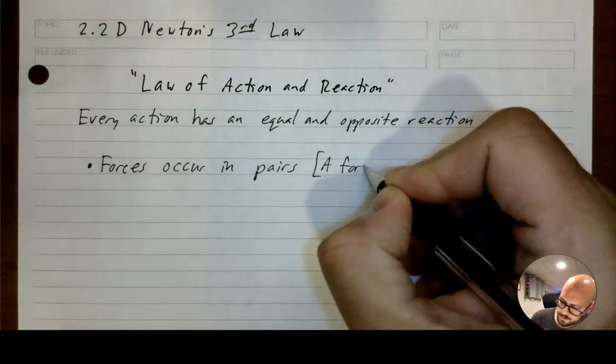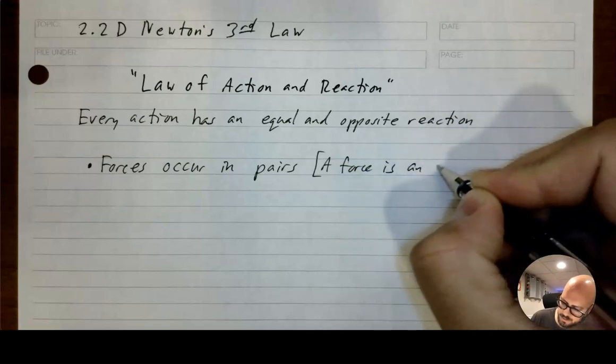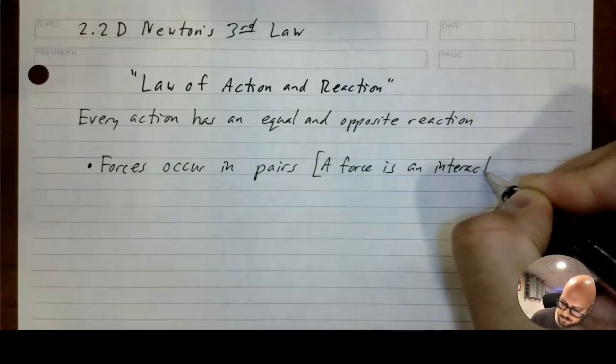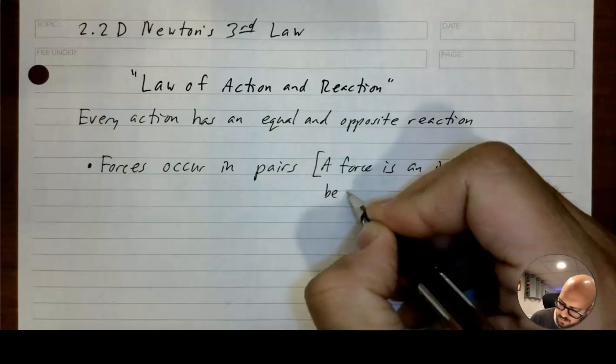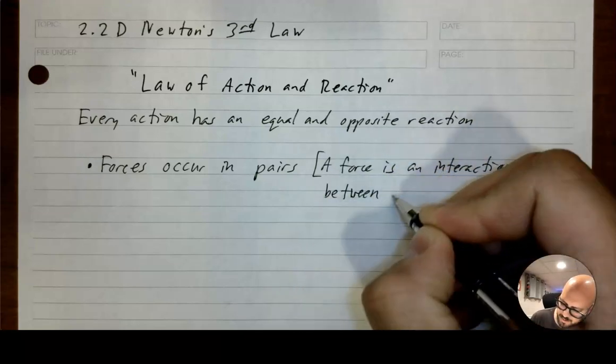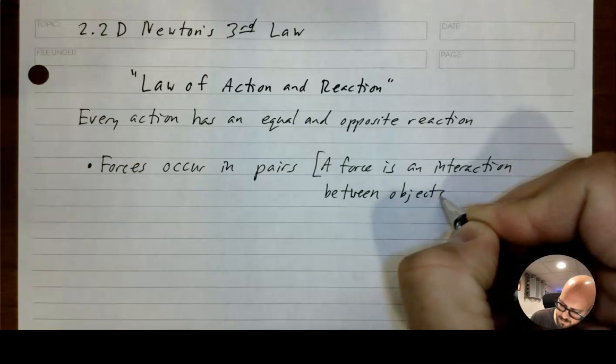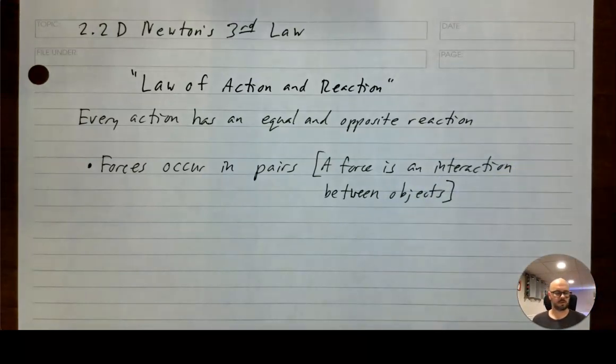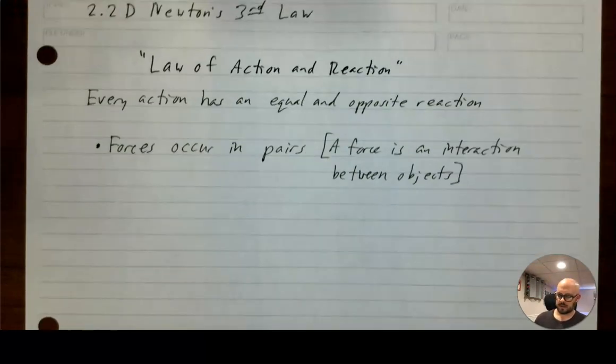A force is an interaction between objects. It takes two objects to have a force interaction. And so because it takes two objects, that means that one force has to act on each object in that pair. So that's like the most important idea.